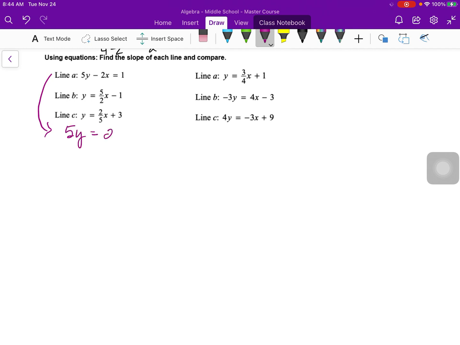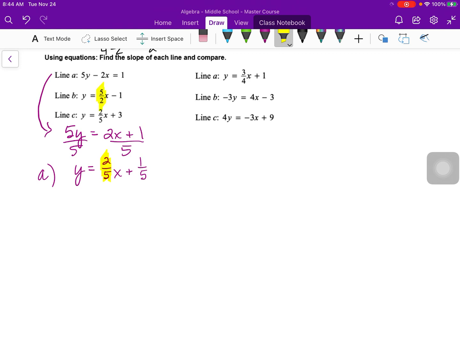So I'm just going to add 2x to both sides. I'm going to divide everything by 5. So y is equal to 2/5 x plus 1/5, okay? And I know that's weird, but really all I'm looking for is the slope of this line. So in this line, the slope is 2/5.